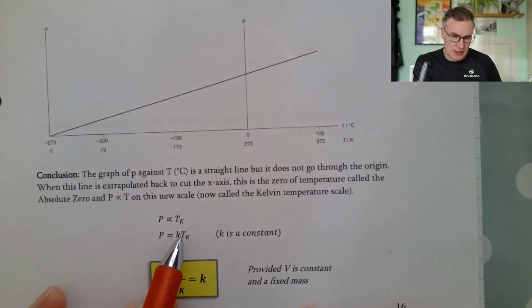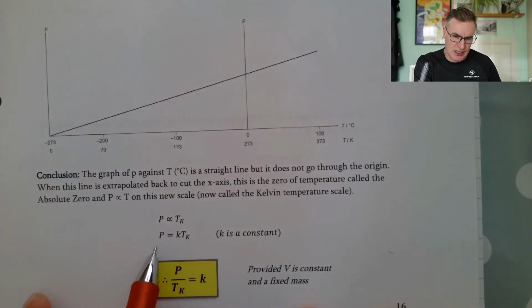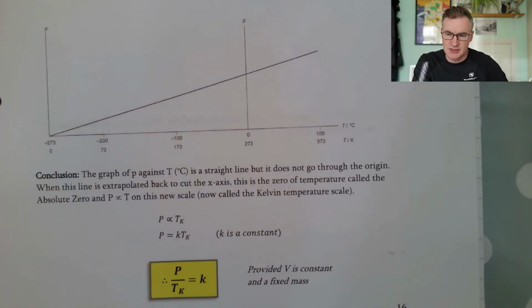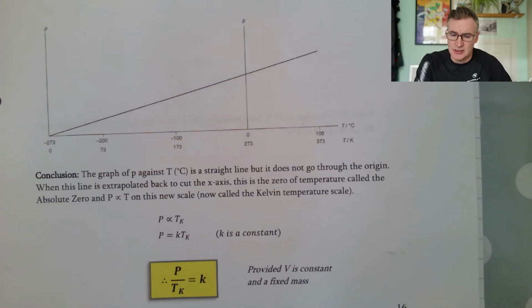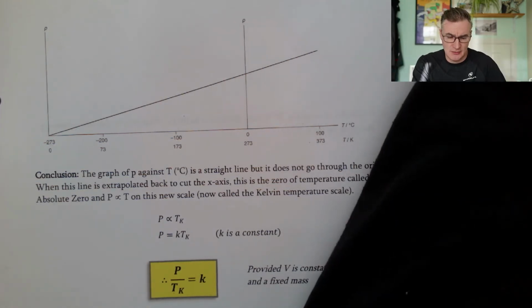Rearranging for this, we take T in Kelvin and bring it down here to leave that as a constant, so pressure over temperature, and that is our relationship for pressure and temperature, which is known as Gay-Lussac's law. Pressure over temperature is equal to a constant. Okay, so we'll look at some worked examples and then we can go on from there.